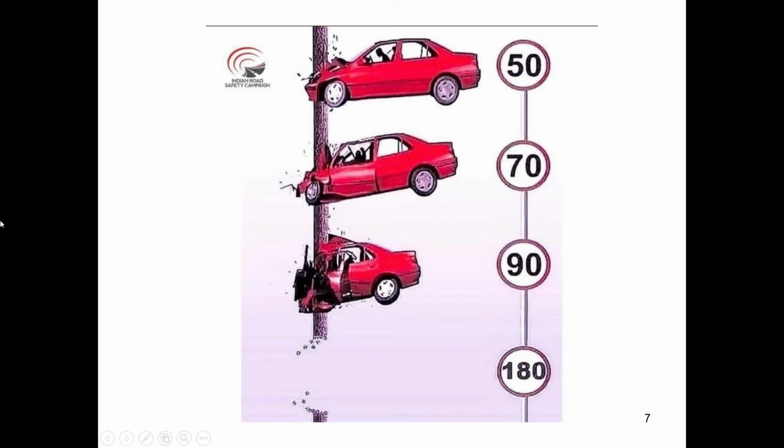Once this type of diagram is there, people will think twice before going from 70 to 90. Here, death is dead sure. Here it is heavy injury, and here it is vehicle injury, not driver injury. Here the driver will be injured, and here he will definitely meet God.